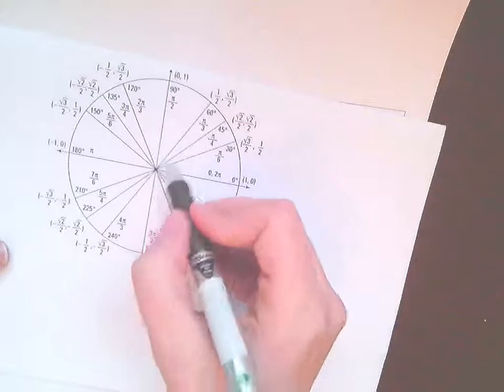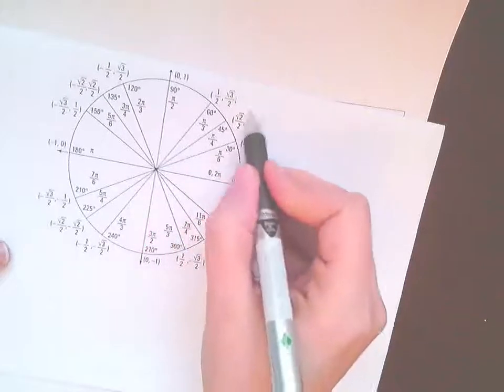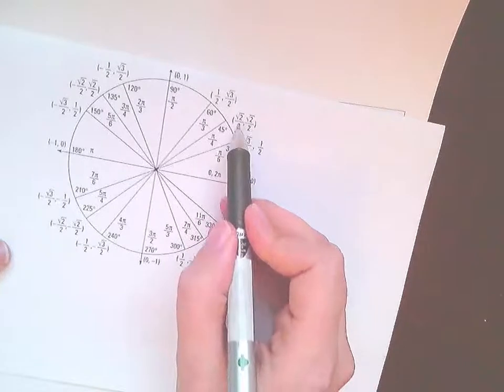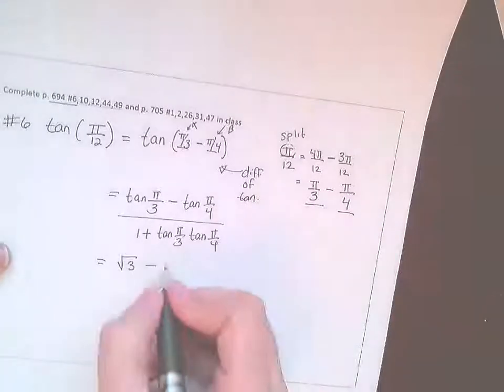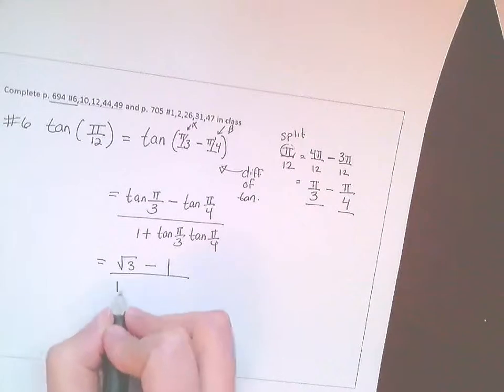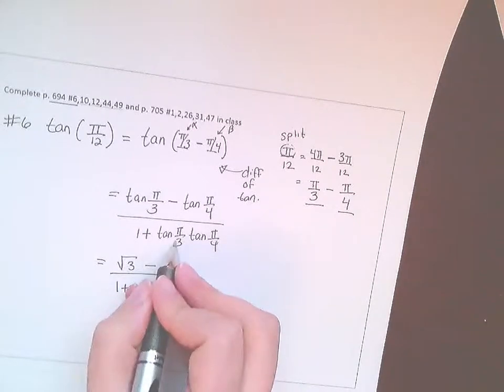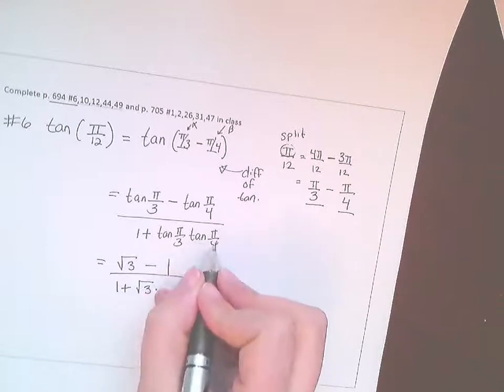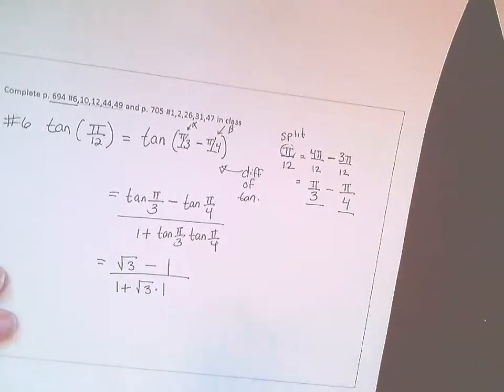So tangent of pi over 3 is just square root of 3, minus tangent of pi over 4. Where's pi over 4? Right there. Tangent of pi over 4 is y over x, which is just 1, so it's just minus 1, over 1 plus, we've already figured out tangent of pi over 3, it's square root of 3, times tangent of pi over 4, which is 1. And now we just continue to simplify this.